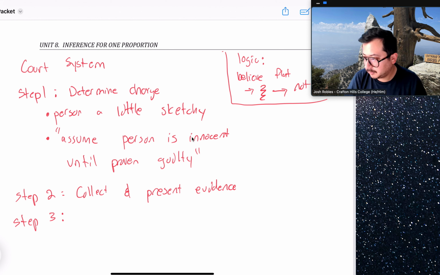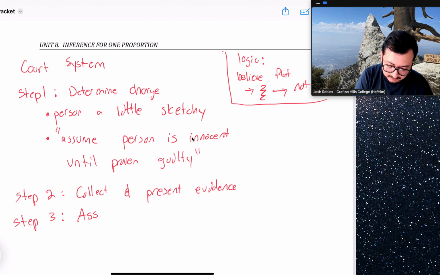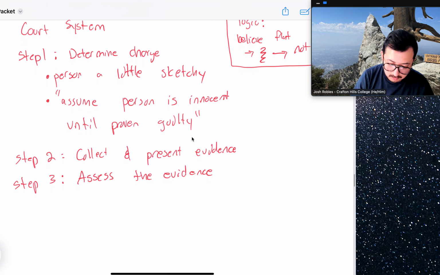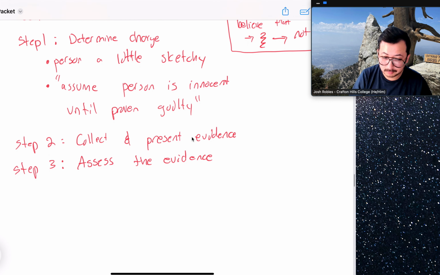All right. Next, we would take that evidence and we assess the evidence. If any of you are very familiar with law or looking to be a lawyer, I could always use some input on how to make this more official.